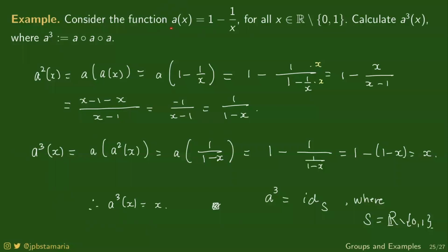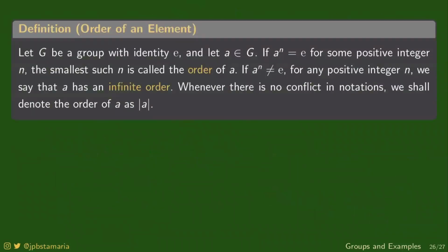The order of this function A as an element of a group is 3. Kasi it gets back to the identity after 3 multiplications to itself. Okay? 3 factors of itself. And that happens for the first time when n is 3. Yung pinakamaliit na n, so that A to the n is E, is called as the order of an element.